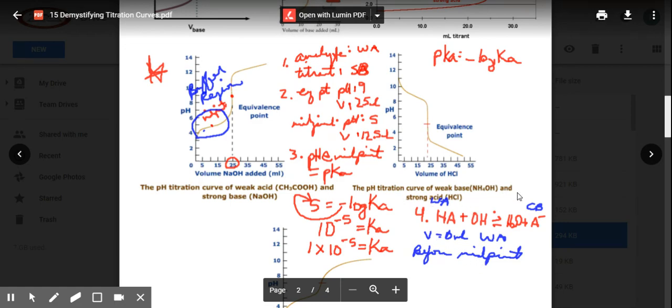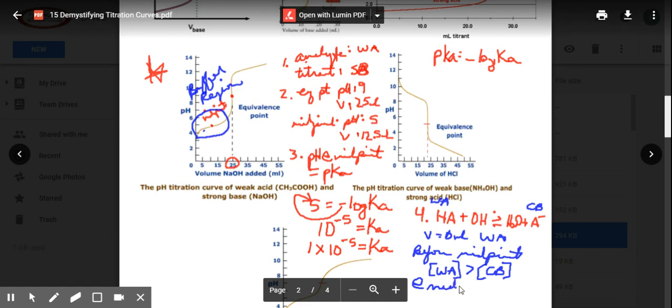We just need to know which is there more of. Before the midpoint, you have more weak acid than conjugate base. So before the midpoint, your weak acid concentration is greater than your conjugate base concentration.